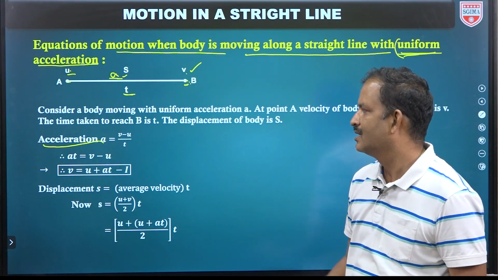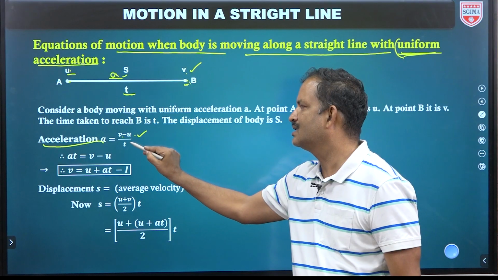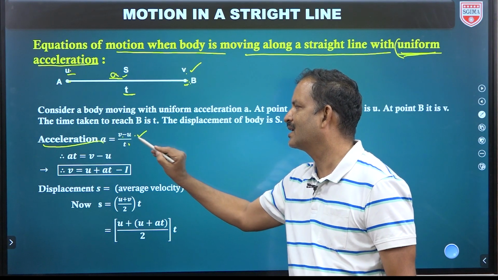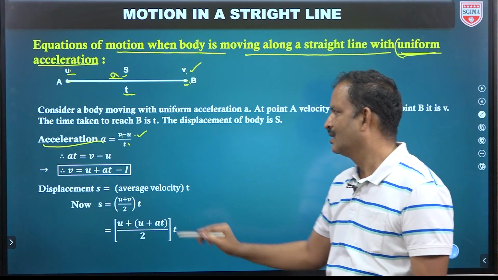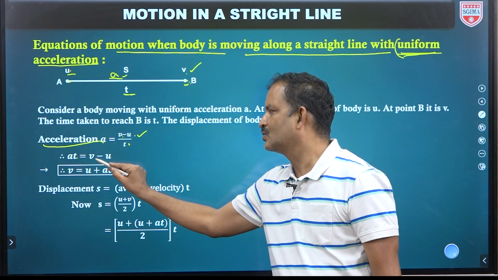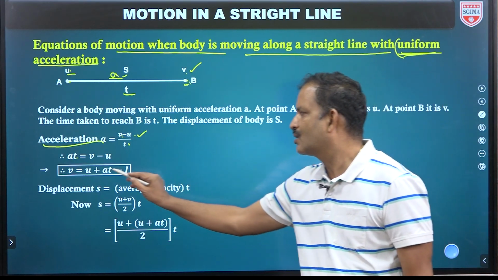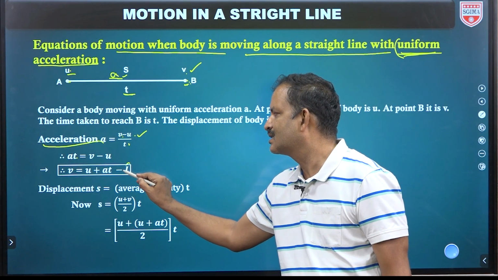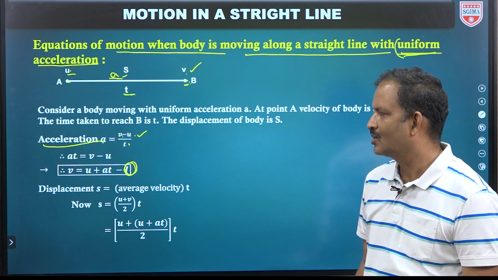Acceleration a is equal to v minus u by t. From this, at equals v minus u, so v equals u plus at. This is the first equation: v equal to u plus at.